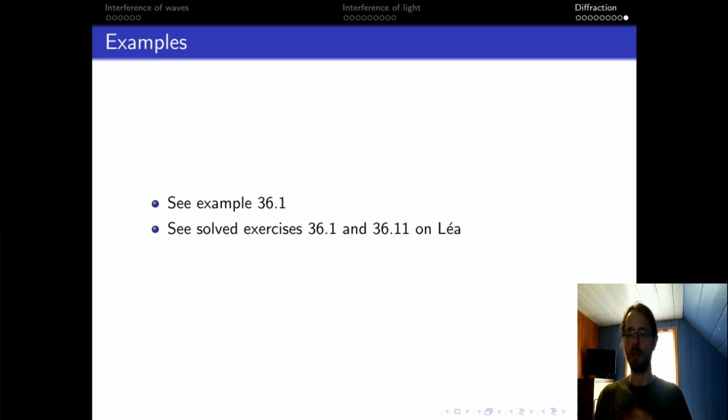So we learn to study them. This is a case that is useful, especially whenever we want to do spectroscopy. So we want to study elements based on their emission spectrum. And for this, we have to distinguish all the colors that are being sent to us. So a diffraction grating will be a system that will be able to separate all these colors and enable us to analyze them.